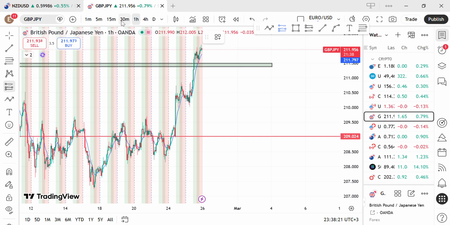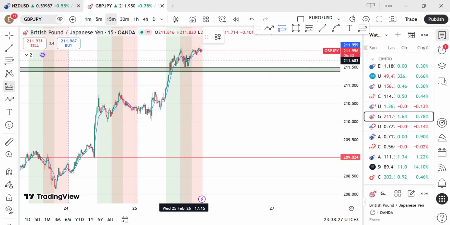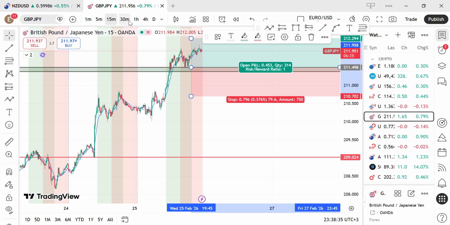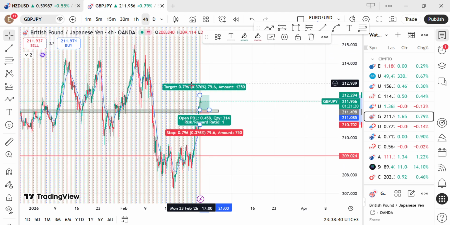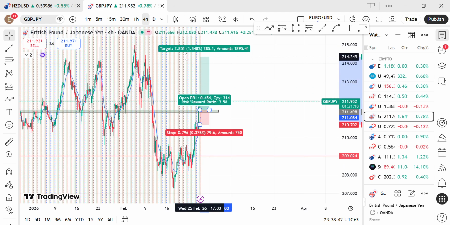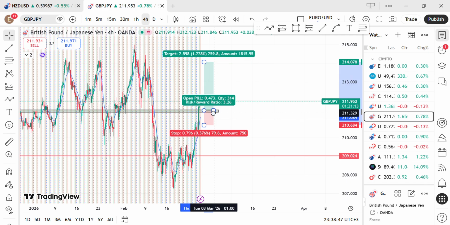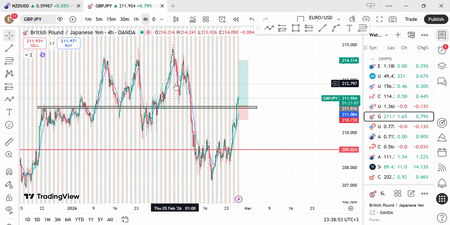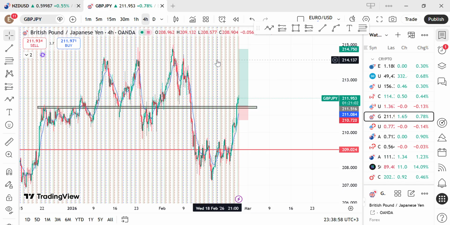But there already has been a pullback. I think it will buy. All in all, it will buy till it reaches this level. It should buy.